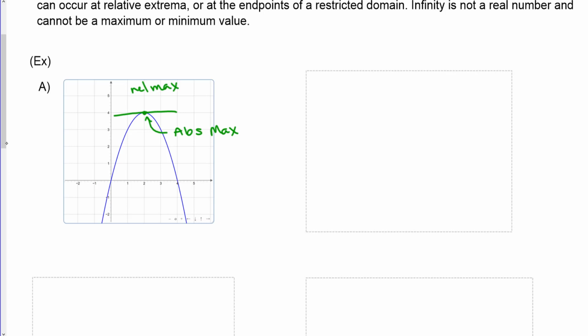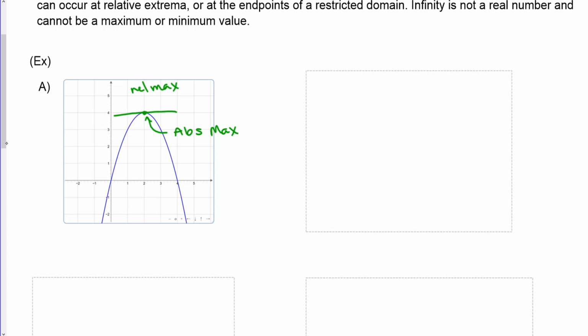There's no absolute minimum. So there's no indication that this graph stops anywhere. And if it did, they would use a solid circle or an open circle indicating that. Oftentimes you'll see an arrow indicating that these things go on to infinity. If you don't see that, you just have to assume that's what's happening, because a lot of times the graphing software has trouble drawing those arrows in the right position anyway.